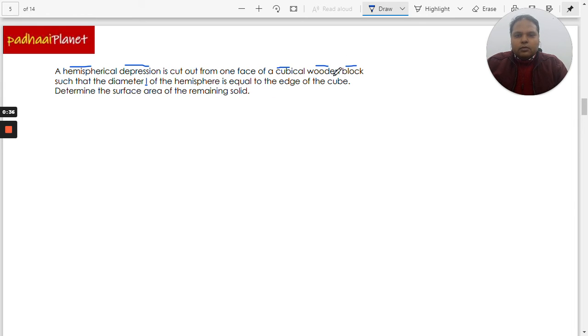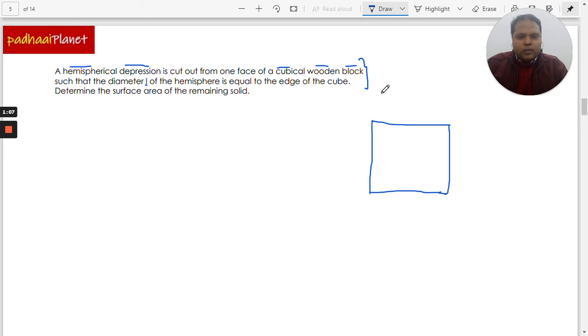Now for this question, we need to get the diagram right, and then we'll put the formulas. So let's first have a cubical wooden block here.